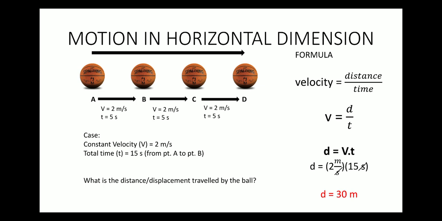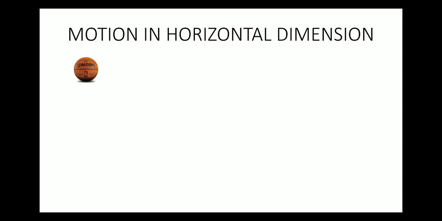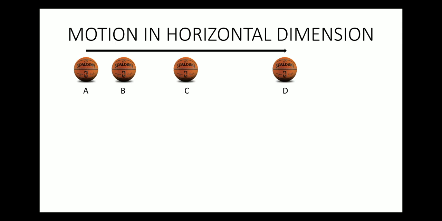Next situation. Suppose a ball again travels to the right through point A, point B, point C, and point D, but with different distances between them. Because they have different distances, we can say that the ball is accelerating.